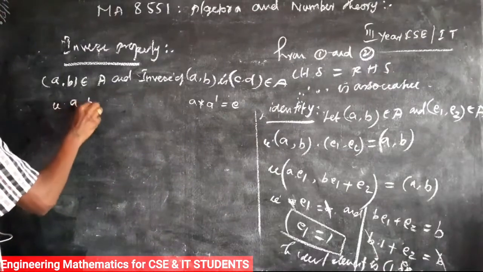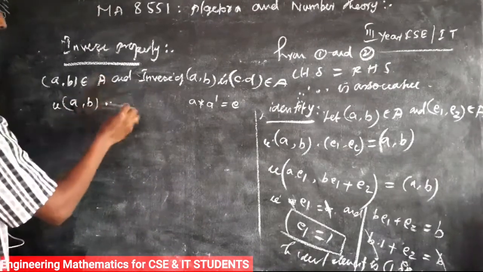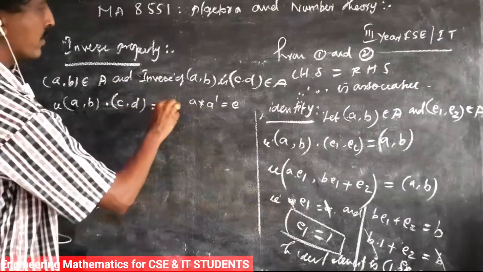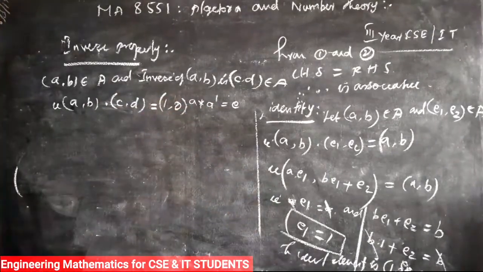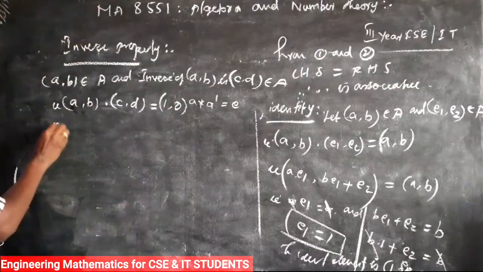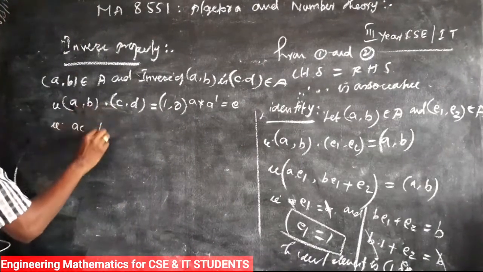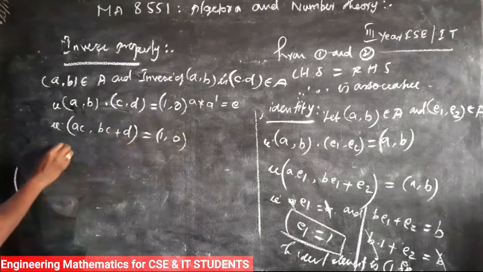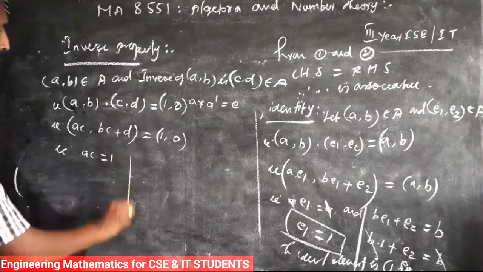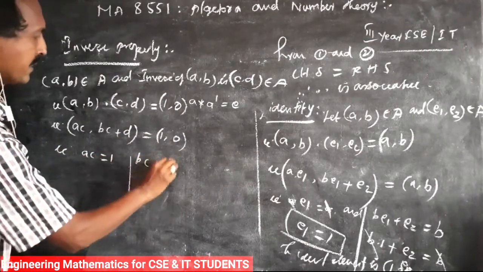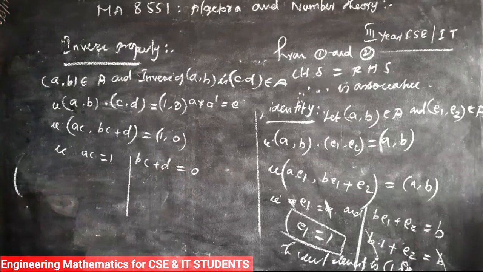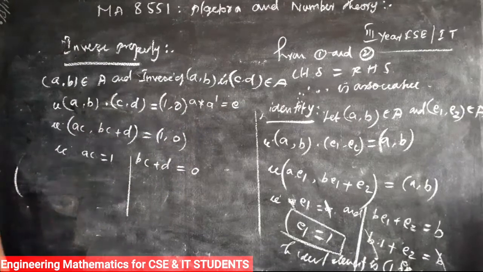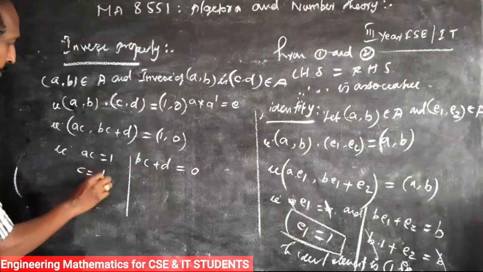That is a comma b dot c comma d equal to e. What is the identity element? 1 comma 0. That is ac comma bc plus d equal to 1 comma 0. So ac equal to 1, next bc plus d equal to 0. Actually we find c comma d. So c equal to 1 by a.